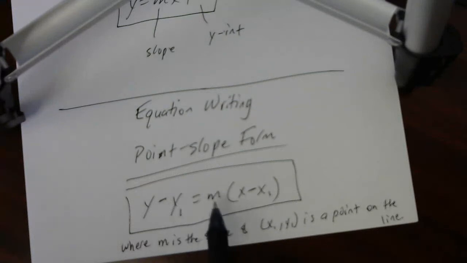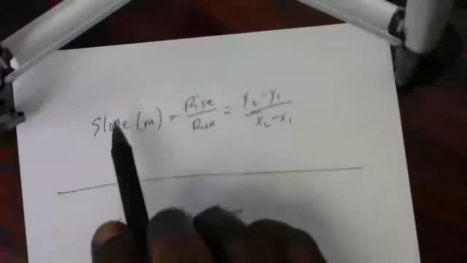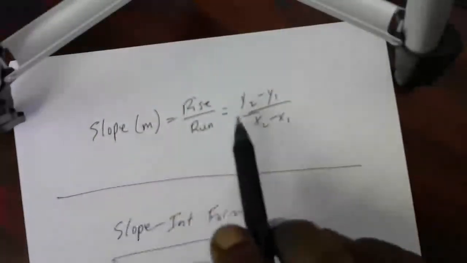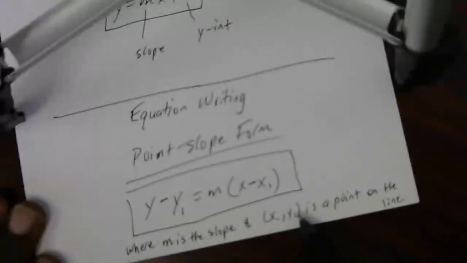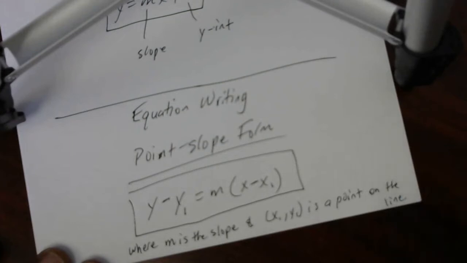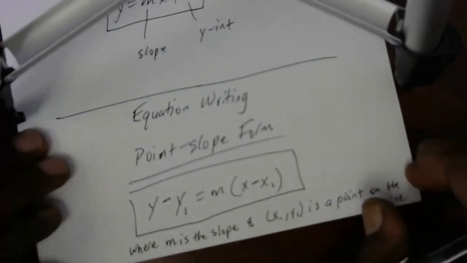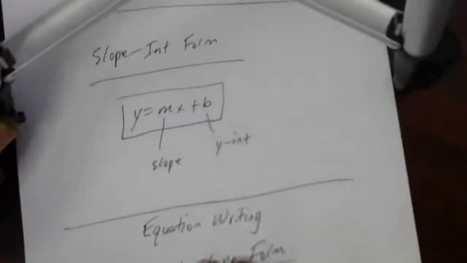But you should always know m, which is your slope, and we have several ways to calculate the slope. And this x sub 1, y sub 1, that would be the point on your line. All right, so let's take a look at some examples.